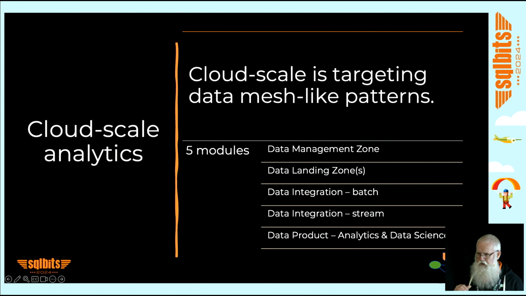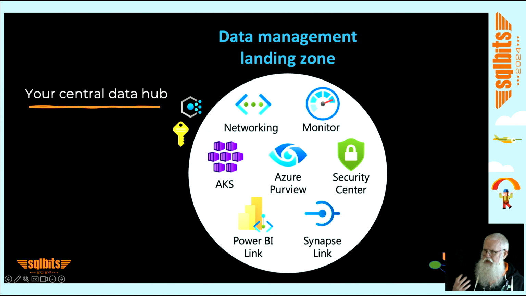Then Microsoft also came up with, as part of their cloud adoption framework, CAF, best practices for cloud adoption. There is an enterprise scale lens for analytics called cloud scale analytics. And that is also data mesh-like pattern support, because you have your data management landing zone, which is your central data hub.